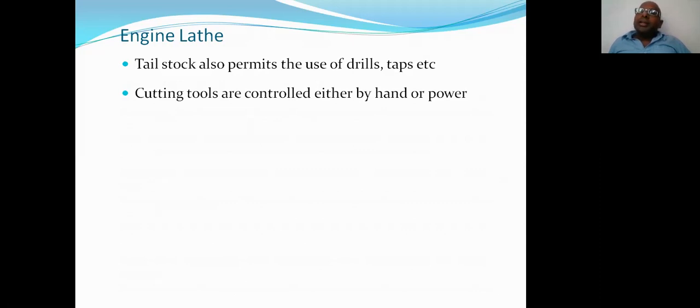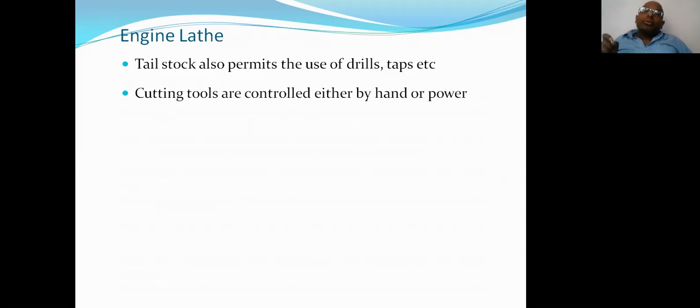After removing the dead center, a sleeve is inserted within the central hole of the tailstock. After inserting that sleeve into the central bore of the tailstock, the sleeve has an adjustable chuck. Within that adjustable chuck, the drill is inserted.